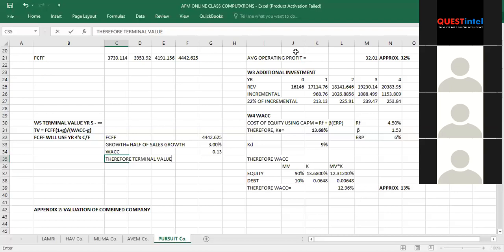So what happens in valuation is that usually you have the high growth period and then a period where the growth rate will stabilize over the longer period, which is perpetuity in this case. Do you get what I'm saying? Yeah. So the way we value companies mainly at this level is we value the company for a particular period where we have defined values for our free cash flows.